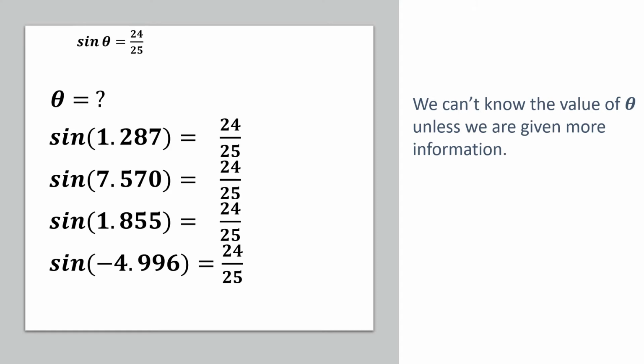But you'll find that a lot of numbers you plug into sine will also give you 24 over 25. If you plug in negative 4.996, you'd also get 24 over 25. Plug in 7.570, it's 24 over 25. Sine of 1.855 is 24 over 25. So how do we know which one of these angles is correct?